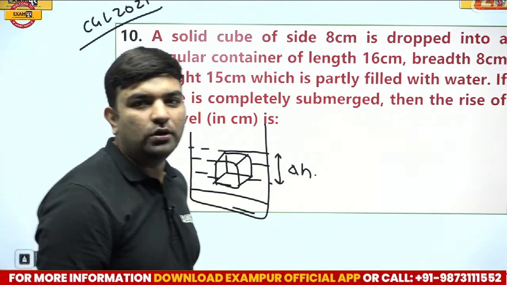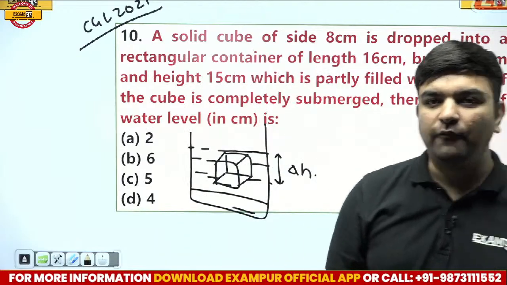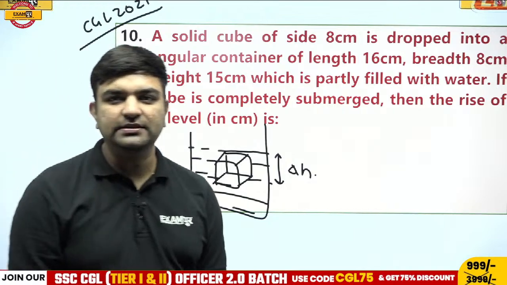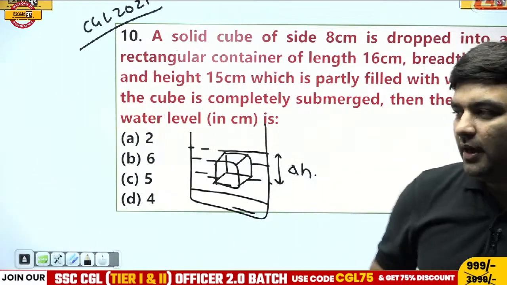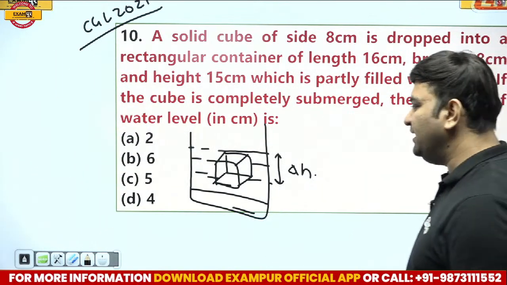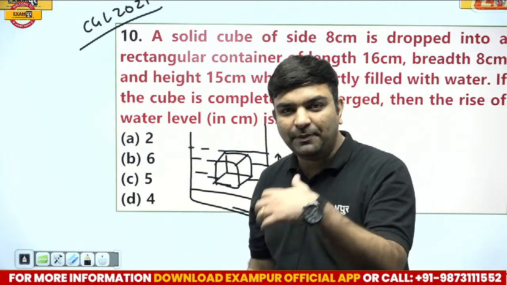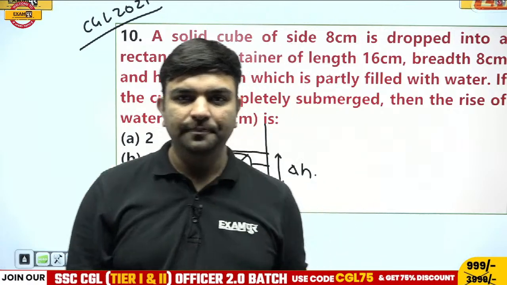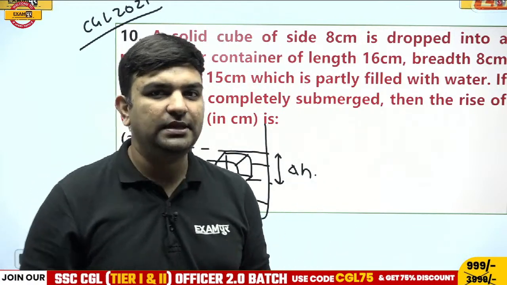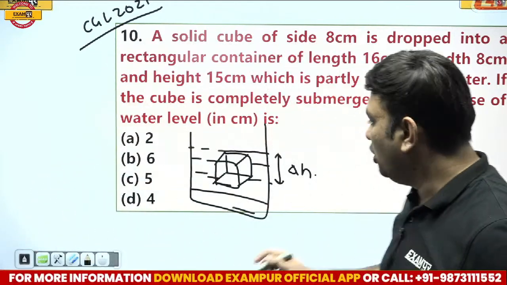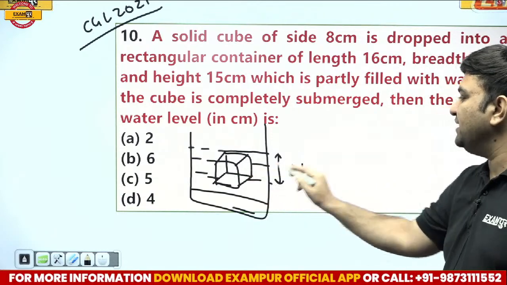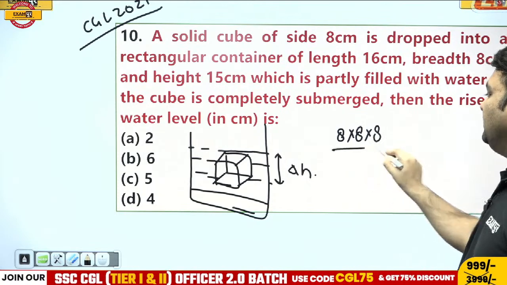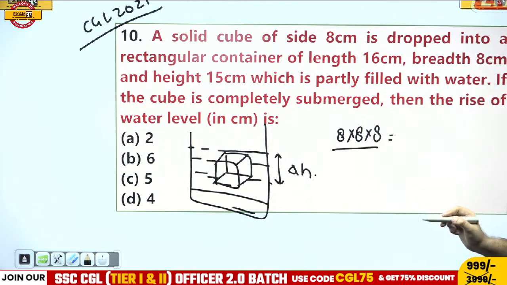From Archimedes' principle of physics, which was once upon a time my favorite subject, the volume displaced is equal to the increase in the volume. So how much is the volume displaced? 8 cross 8 cross 8.